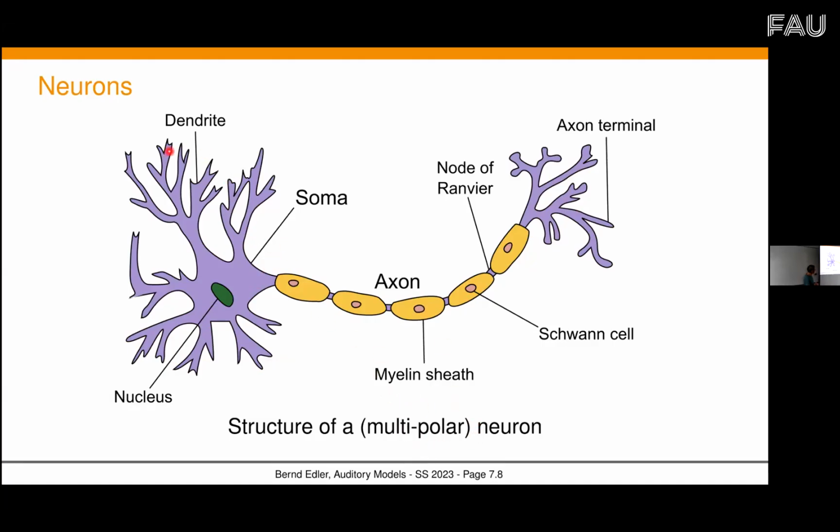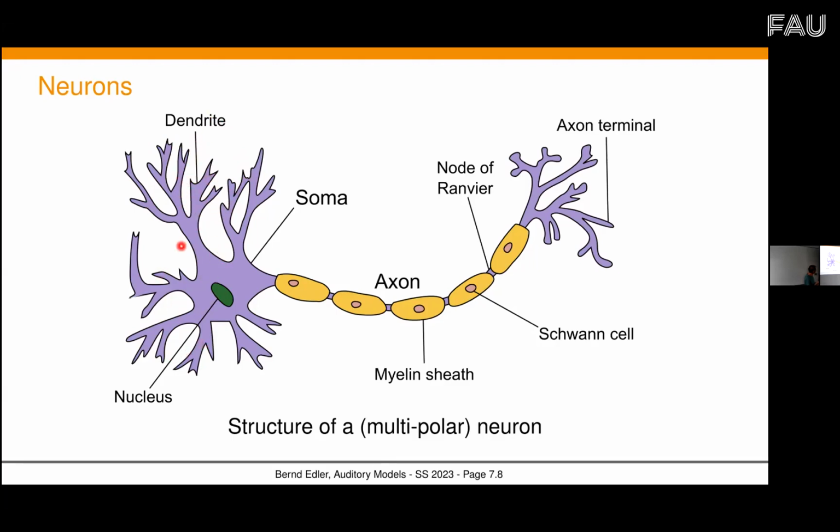This has one end where there's the so-called nucleus. This would be the sender side, I would say, again in engineering terms. And they can have multiple connections to other parts, like which could be hair cells, which are called dendrites.